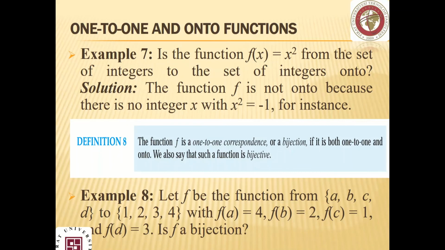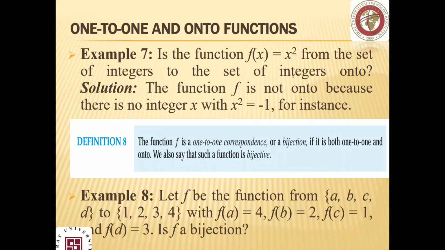In this case, if you think about it as onto, now look, the set of integers includes -1. Can we have an element in the domain for -1 in the codomain? No. How? Now think about it. We said set of integers to the set of integers. That means the domain is integers, all integers.